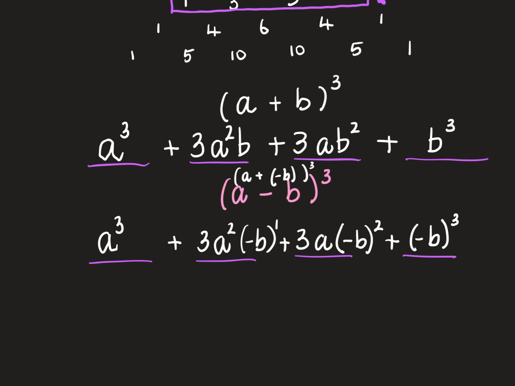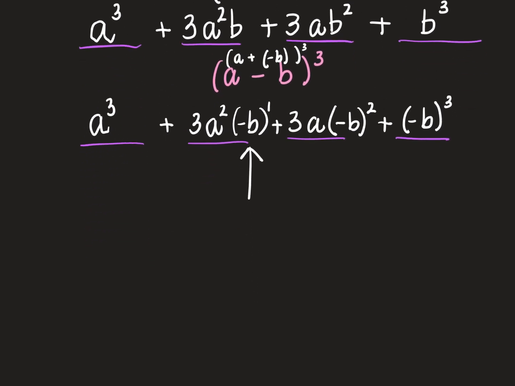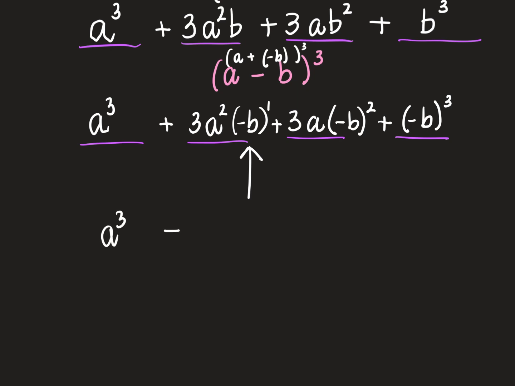Now let's think about what this means. This here, negative b to the power of 1, well, that's just going to be negative b, isn't it? So what I can actually do is change that one a little bit. I can put the negative out the front here, still got a cubed there. That's going to be negative of a squared b.